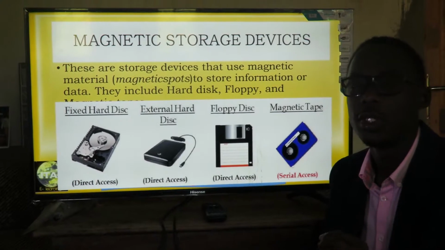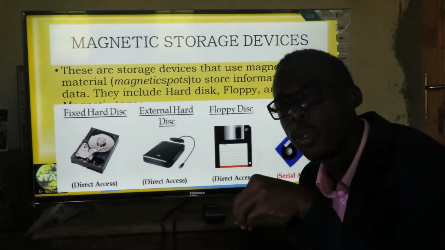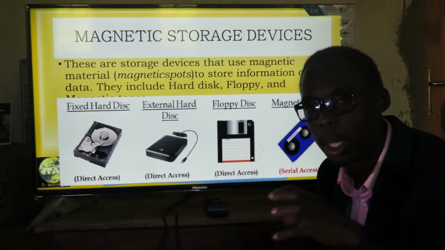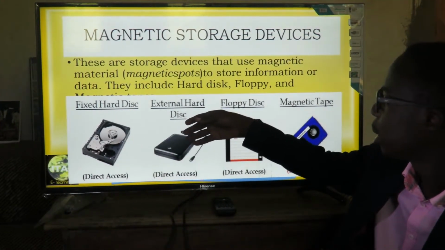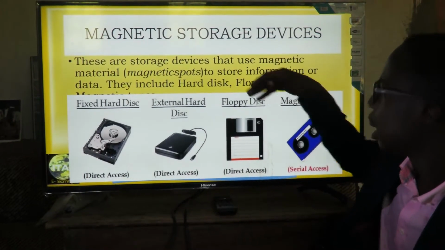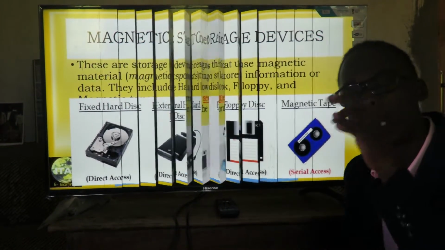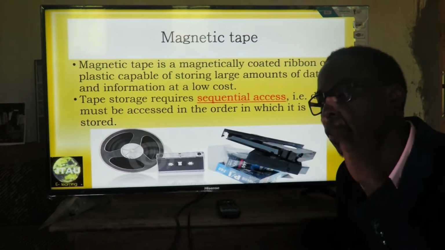Magnetic storage devices use magnetism force to keep their data. Take an example of the fixed hard disk or external hard disk, floppy disks, and magnetic tapes. They have magnetic material on which the data is written.